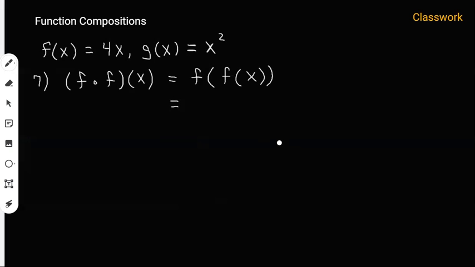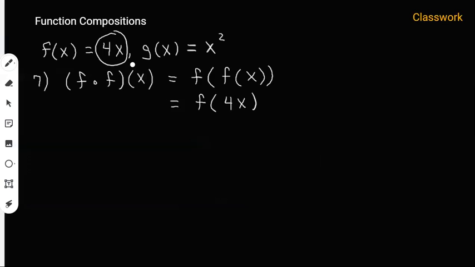All right, so what is f of x? Well, we defined f of x up here. It's equal to 4x. So we're going to put a 4x where that f of x is. So all I've done so far is replace the f of x on the inside with a 4x, and I'm allowed to do that because they are the exact same thing. So now I need to take the function f of x and evaluate it at 4x.